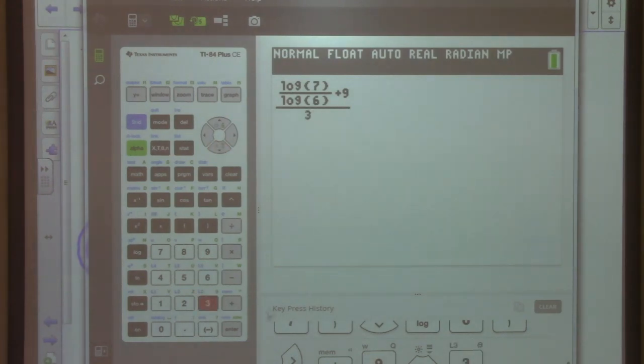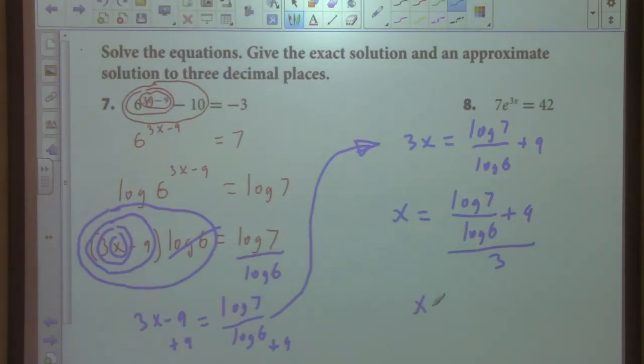Is that it? Press that, so 3.362. So I got 3.362. Okay, good work.